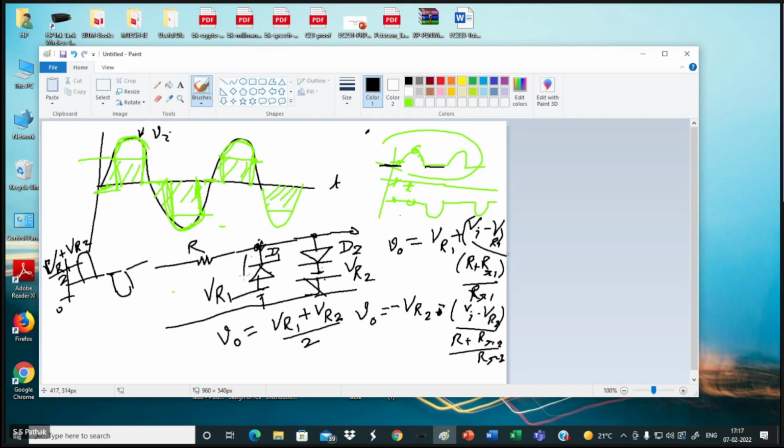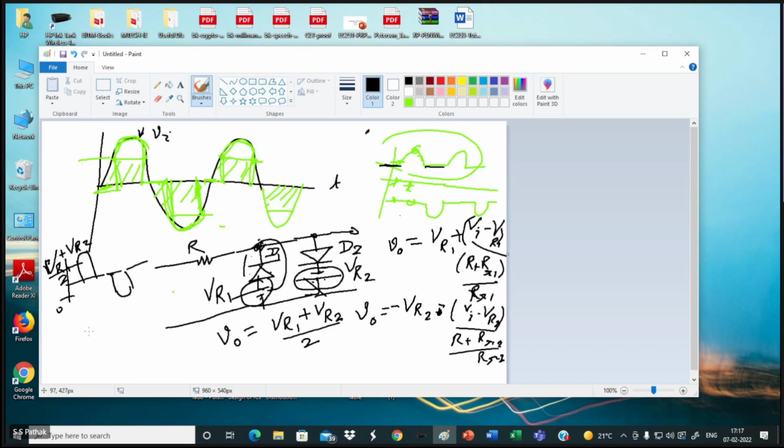So during this time, how much is the charge stored in this diode? Not the diode, I'm sorry, this battery. How much is the charge stored in this battery? And when both of them are working together, the charge will get added by conservation of the charge.